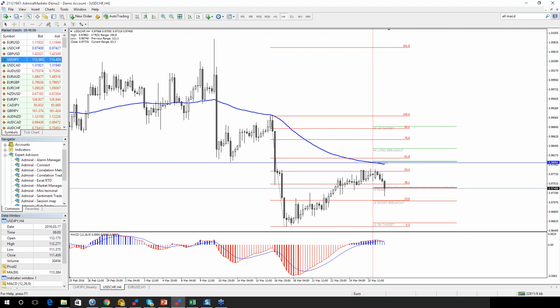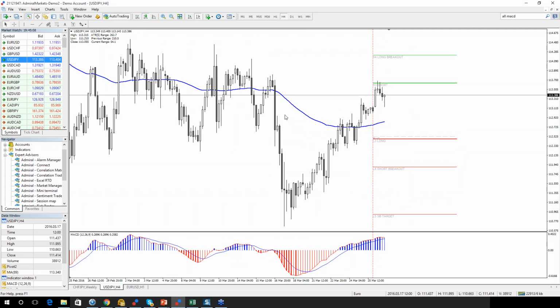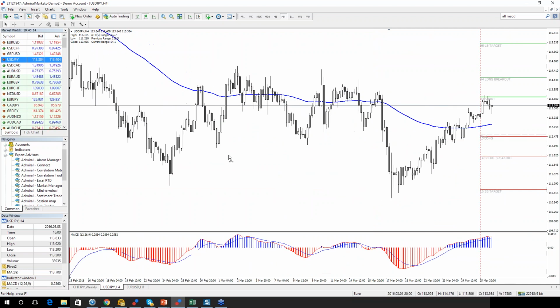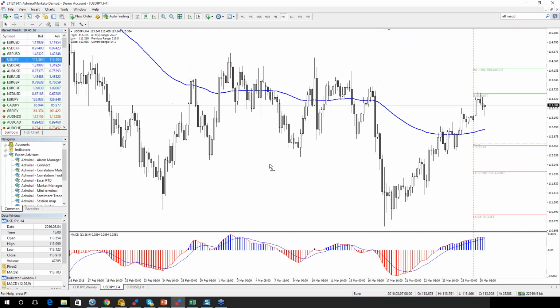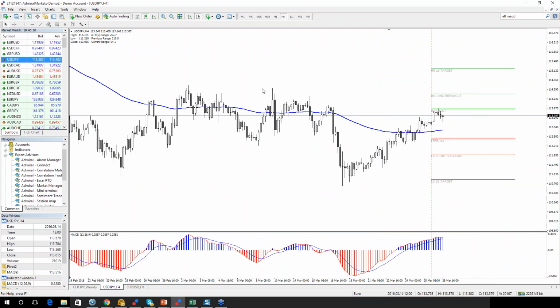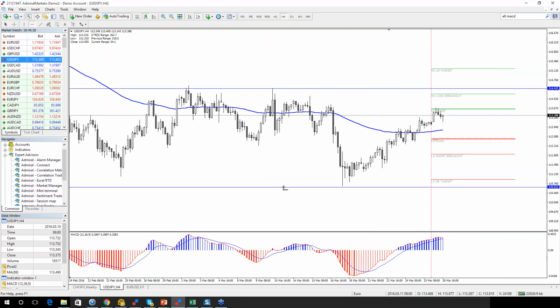Dollar yen. Ranging price action on yen pairs, and dollar yen is not anything better. So this is ranging price action, guys. Watch for this.